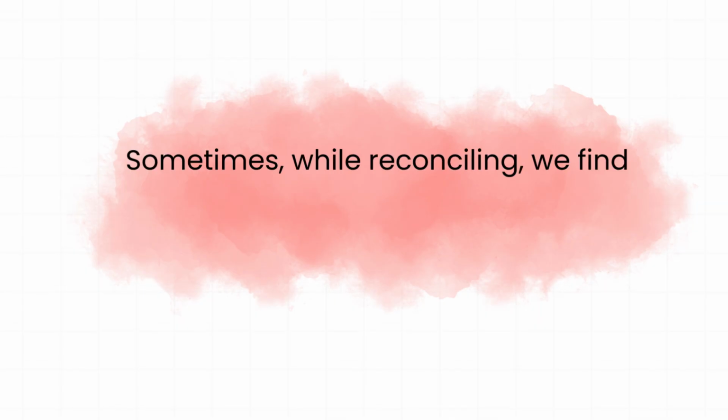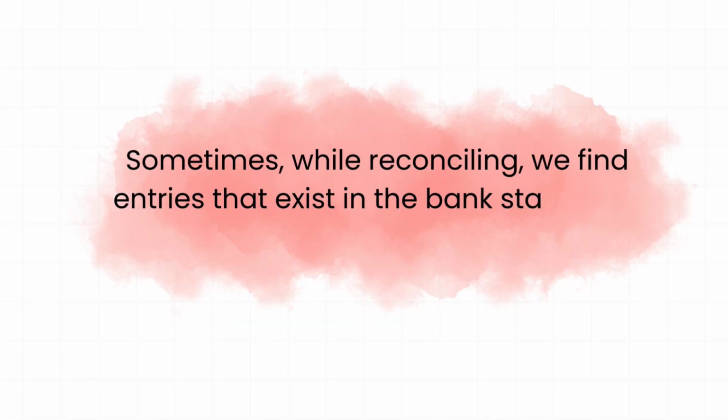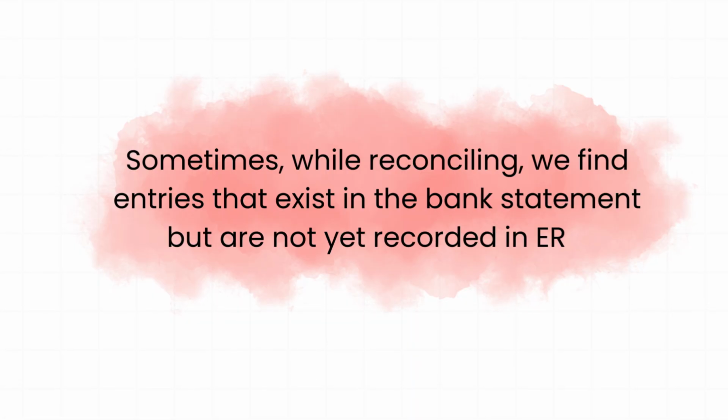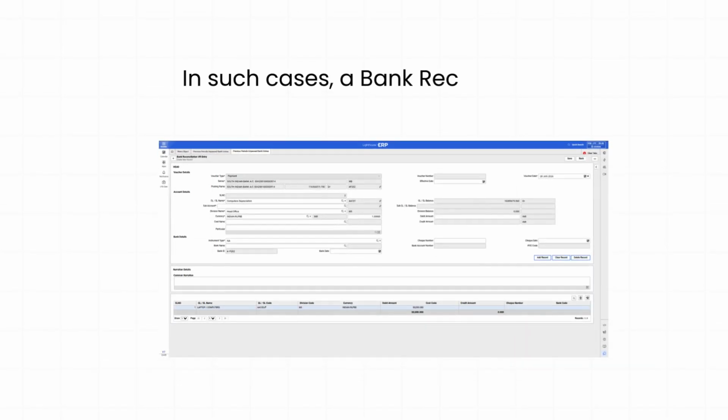Step 4. Bank reconciliation entry, manual adjustment if required. Sometimes, while reconciling, we find entries that exist in the bank statement but are not yet recorded in ERP. In such cases, a bank reconciliation voucher entry can be created.